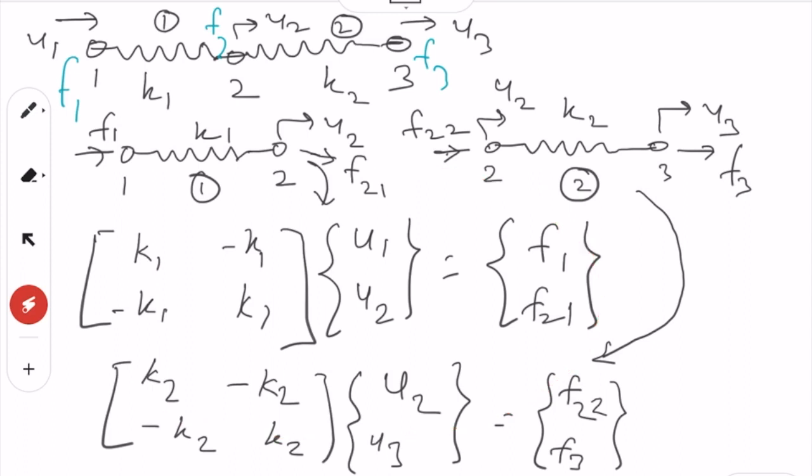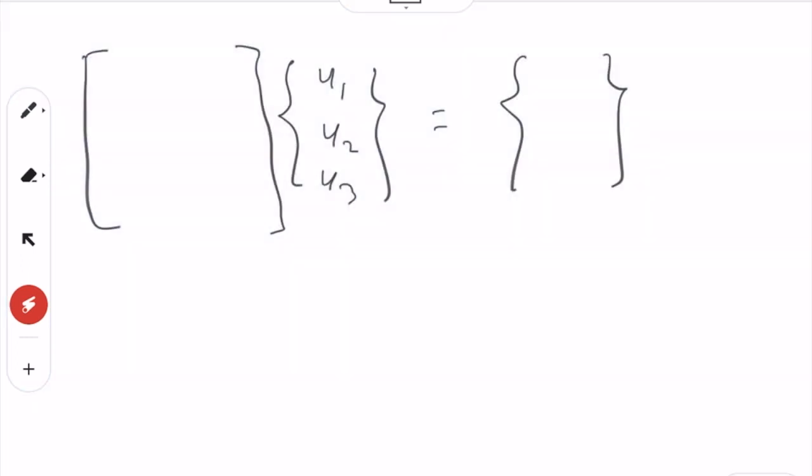How will we combine? So for U1 we have U1, U2 and U3. In the first equation, if you see, U1 multiplies K1. So we go here, U1 multiplies K1, so we just write K1 here.